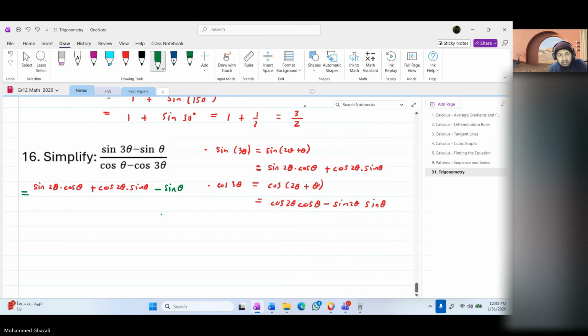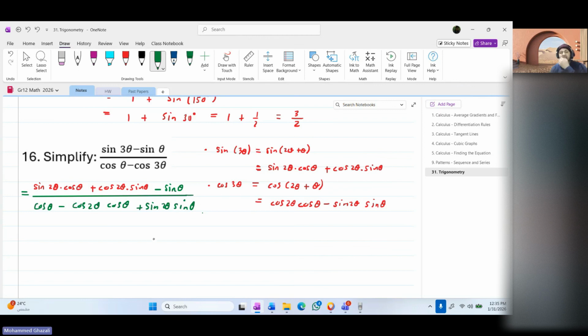On the denominator, we got cos theta, and I'm taking a minus inside for cos 3 theta: minus cos 2 theta cos theta plus sine 2 theta sine theta. Now I'm trying to find a pattern here. If I take sine theta as a common factor on top, I will have cos 2 theta minus 1.